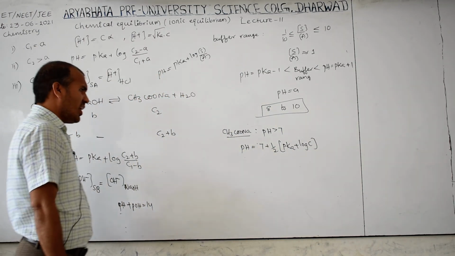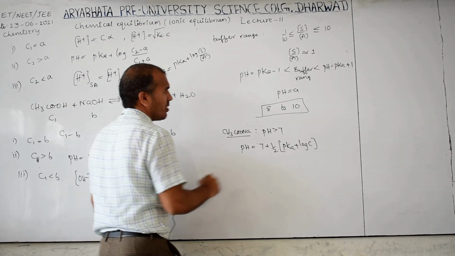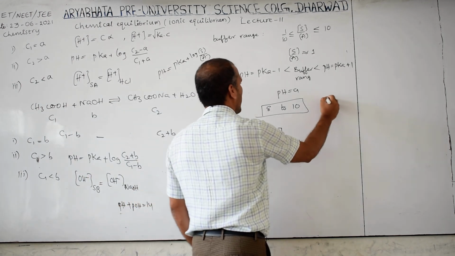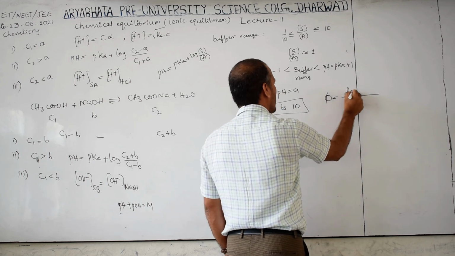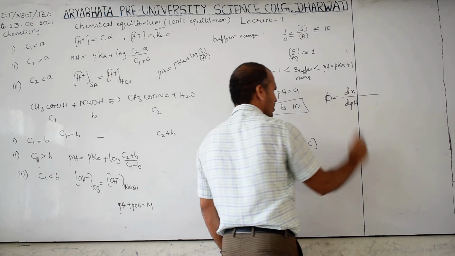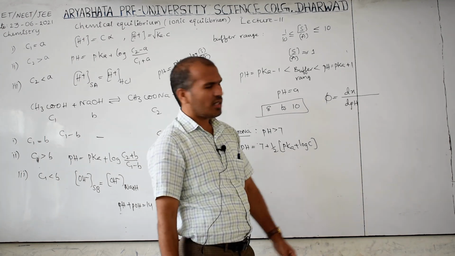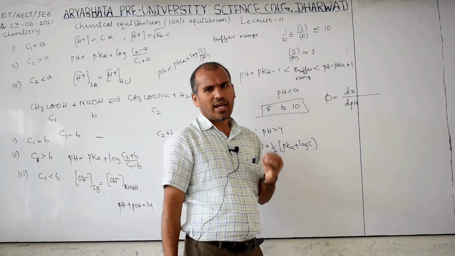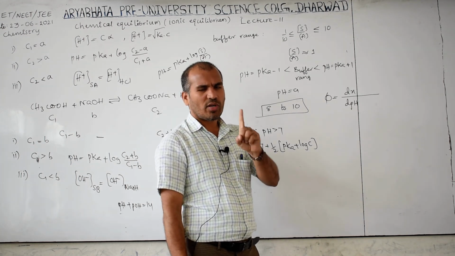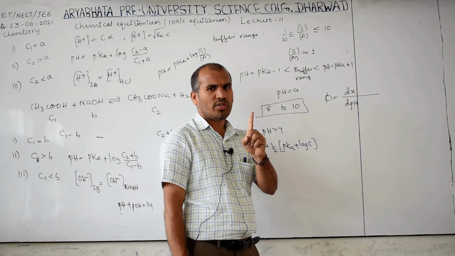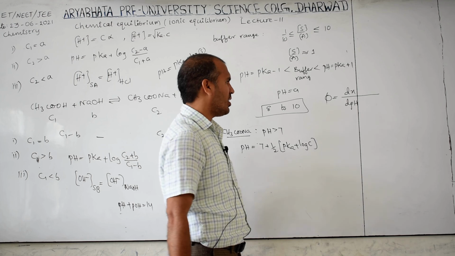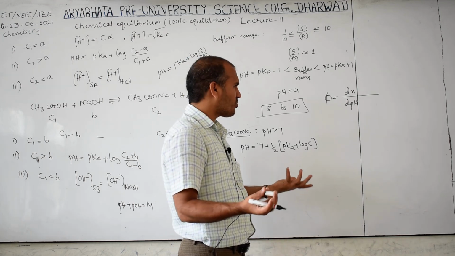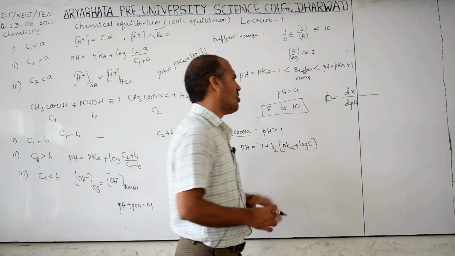Okay. Another formula is buffer capacity. Buffer capacity is denoted by psi, equal to dx by dpH. Dx means the amount of acid or base added to 1 liter of buffer solution to change 1 unit of pH. So directly they may ask the definition or the formula also.